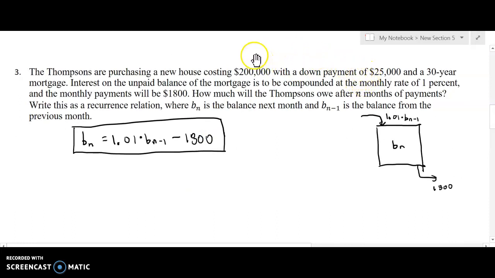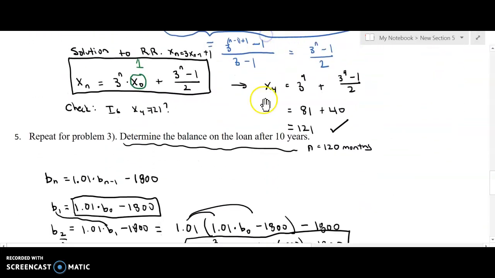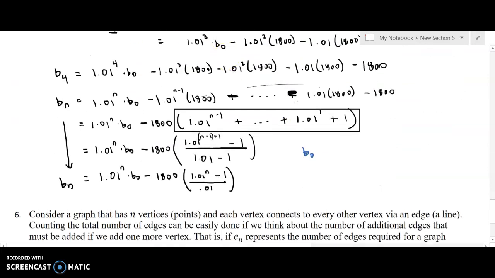So because we're paying the down payment up front, that means they're only going to owe the bank $175,000. So coming into that loan, B sub 0 is going to be $175,000. So it's $200,000 borrowed, or the $200,000 value of the house minus the down payment will give me $175,000 left to pay.